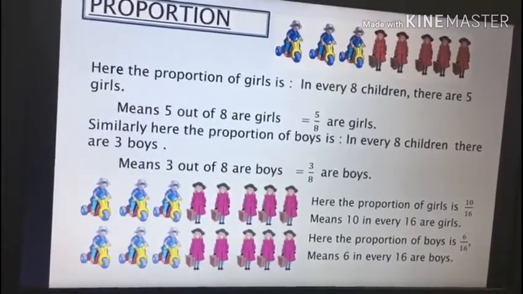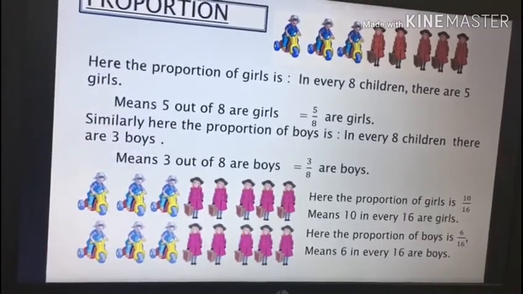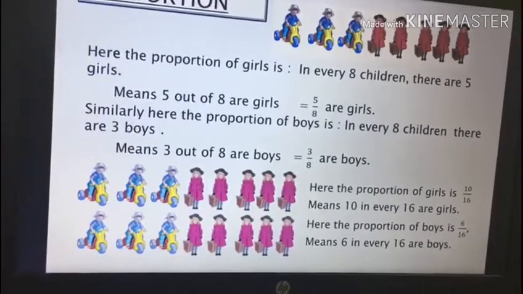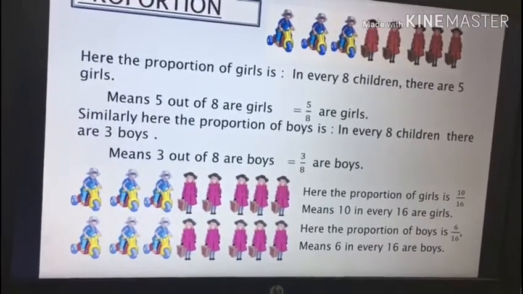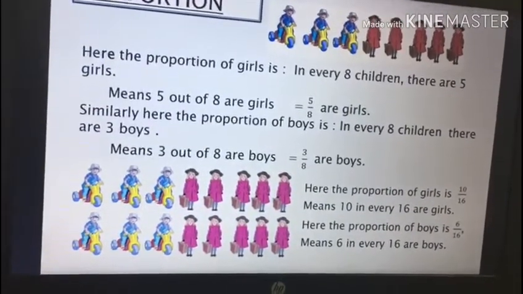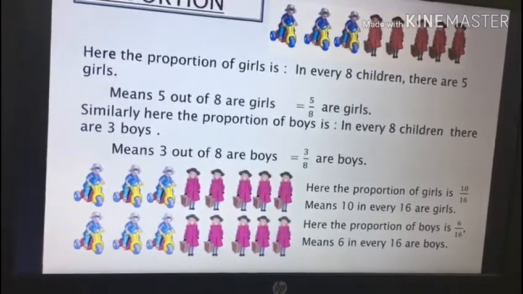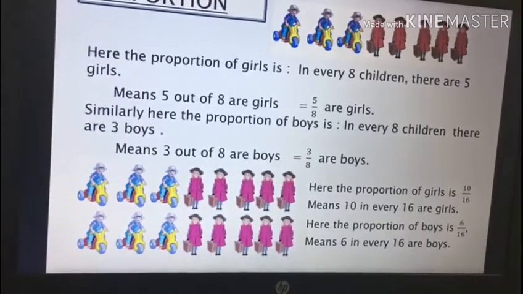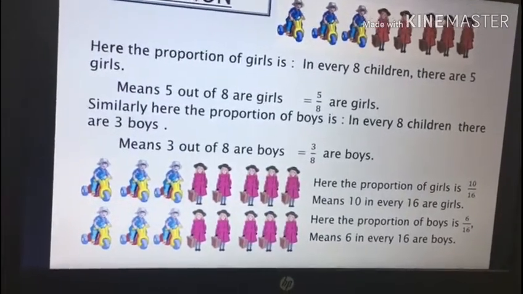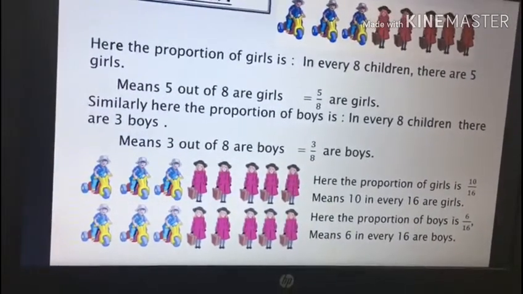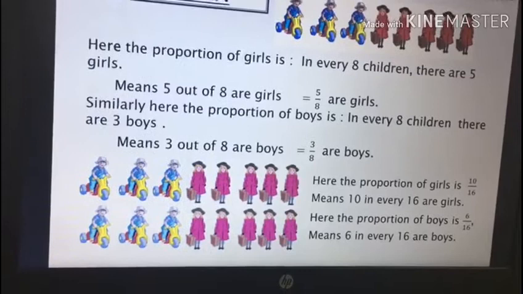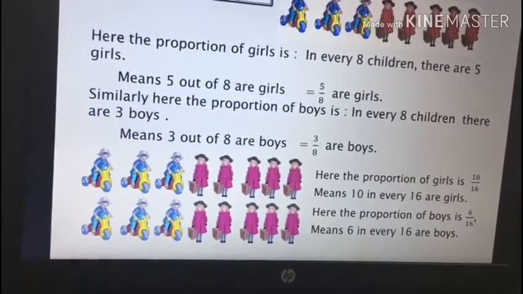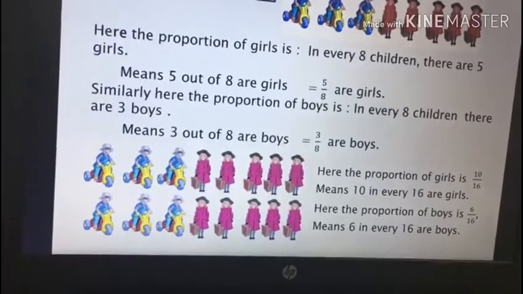Here, for the proportion of girls, we have to compare the part to the whole. The number of girls is 5, and we take it out of the total number of children. So in every 8 children there are 5 girls, meaning 5 out of 8 are girls.